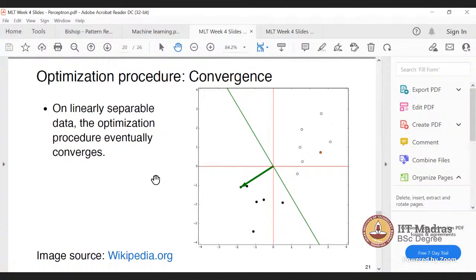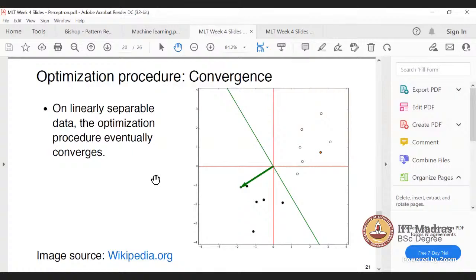So what we will do? Remember w denotes the orientation of the hyperplane. So we will change our weight vector for that misclassified point. We add x to the w vector. What happens? The direction of the weight vector changes, so the orientation of the decision surface changes in a way that the misclassified point tries to come into the correctly classified region.